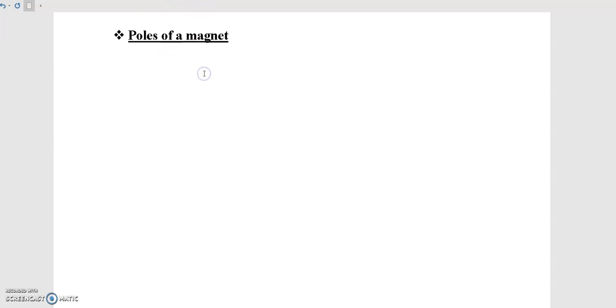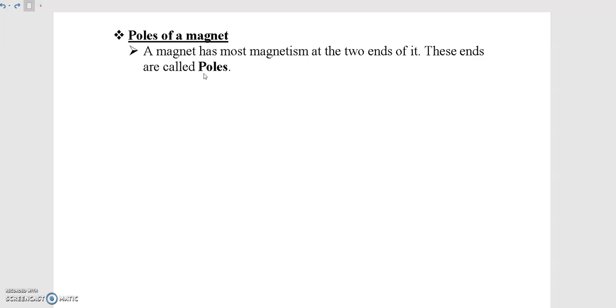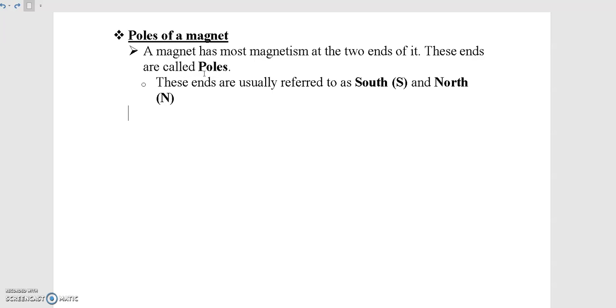So a magnet has most magnetism at the two ends of it, and these ends are called poles. As a convention, these ends are usually referred to as south, that is S, and north, that is N. So there are two poles, south pole and north pole.